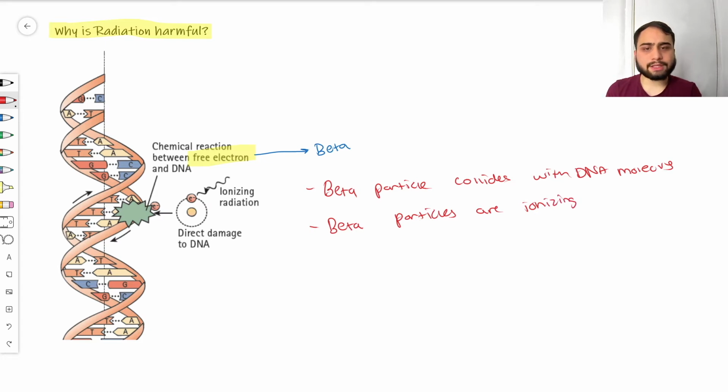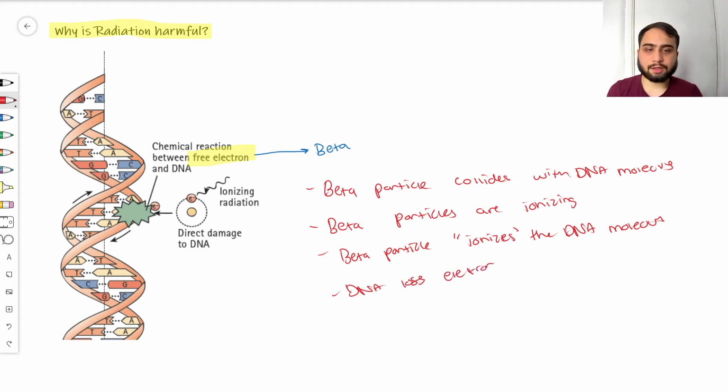Now, if we go back to our definition of ionization, we remember that ionization is the process of removing electrons away from an atom. So the beta particle ionizes the DNA molecule. So the DNA loses electrons. So now the shape of the DNA molecule has changed.